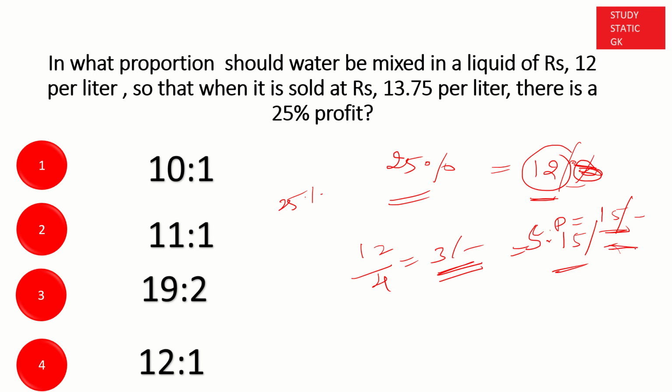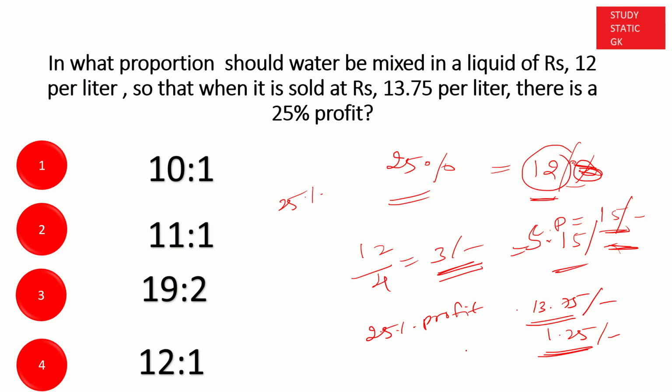But here he is making the same 25% profit by selling it at 13.75 rupees only. That means in the 15, the 1.25 rupees part is actually water.